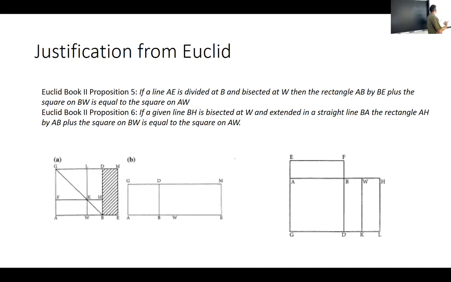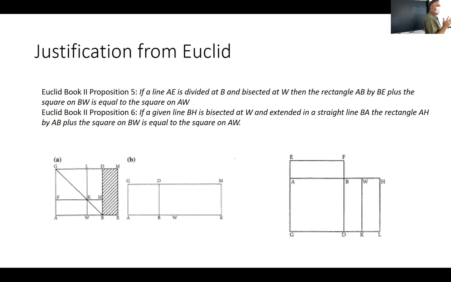W is half of AE, and it says that the rectangle AB by BE, so that's going to be this rectangle here, plus the square on BW, which is that thing there, is equal to the square on AW.